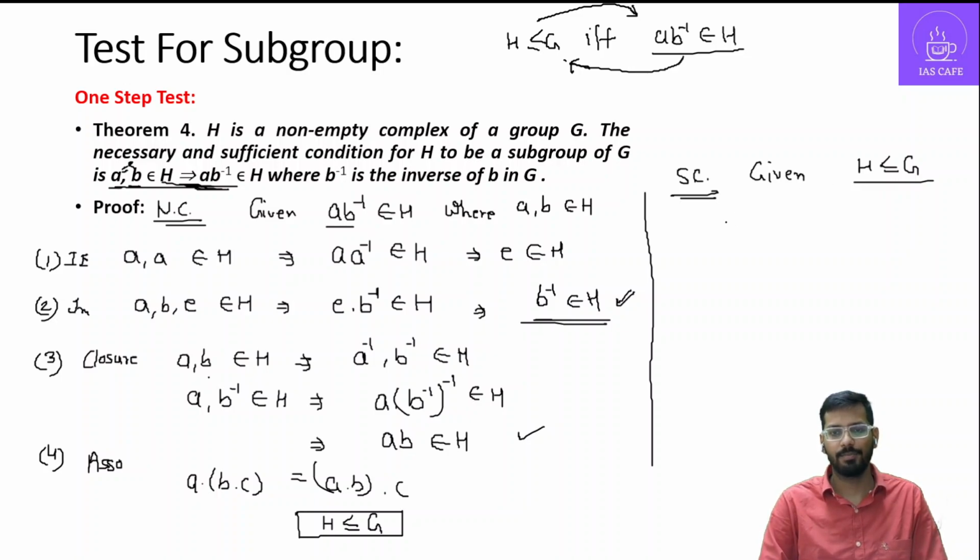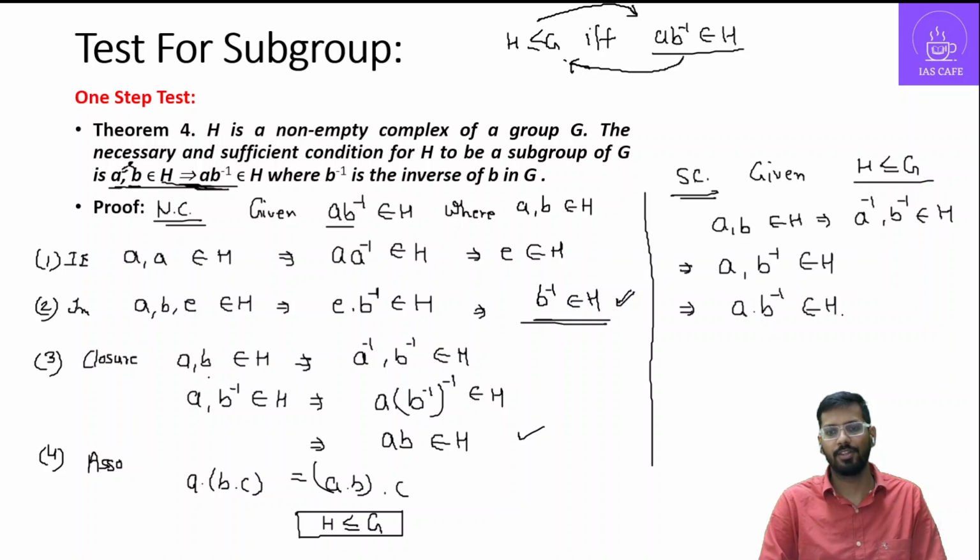So if we take A and B belonging to H, then we can say A inverse and B inverse should also belong to the same set H by inverse axiom. Now, if we take two elements A and B inverse belonging to H, then by closure property we can say A dot B inverse belongs to H.